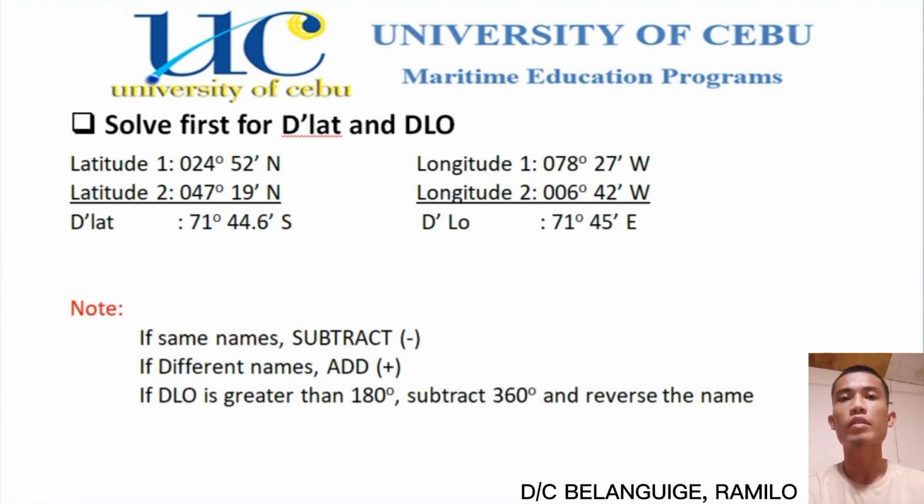So in calculating the DLAT, note that same names subtract. So the latitude 1 and the latitude 2, you have the result of 71 degrees 44.6 minutes south.